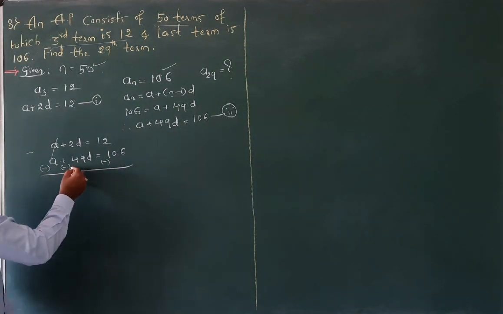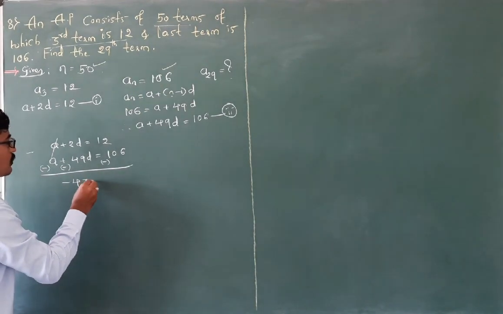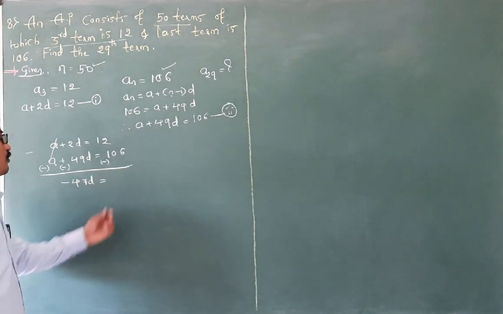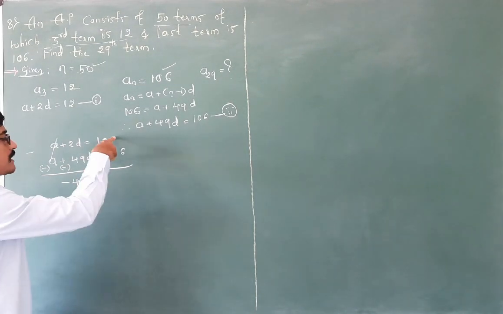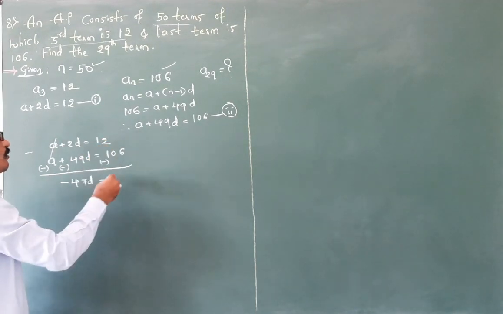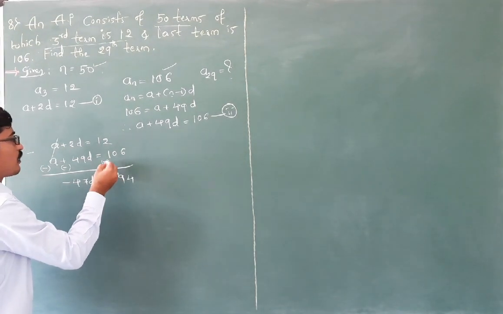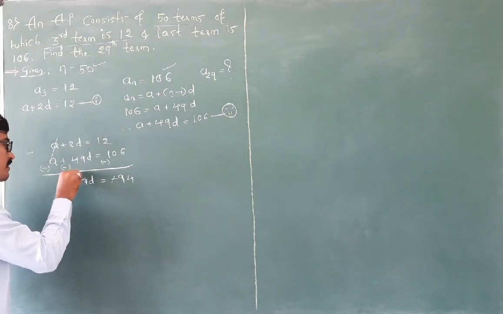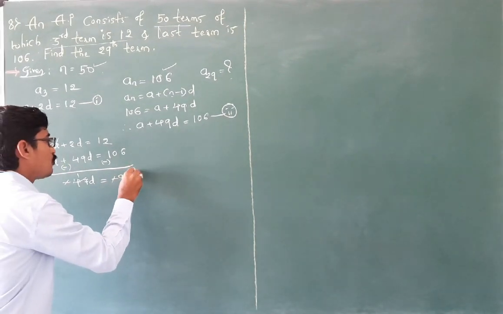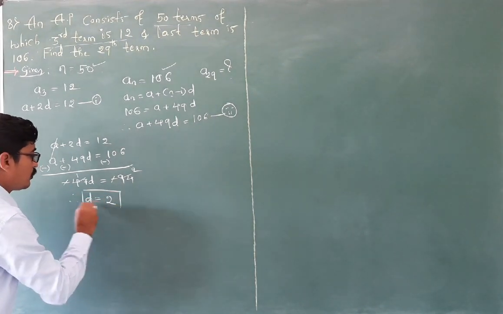So minus 49d plus 2d, you will get minus 47d, which is equal to minus 106 plus 12. So 106 minus 12 you will get 94. Minus cancels. 47 ones are 47, 47 twos are 94. Therefore you will get d is equal to 2.